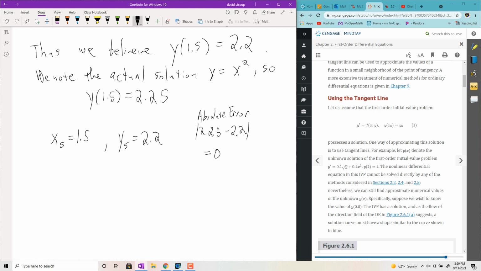So in this case, it's 0.05. And then the percent relative error, which we also will need for our work, is going to be the absolute error, the absolute value of 2.25 minus 2.2, all over 2.25. In this case, that will be approximately 0.02.